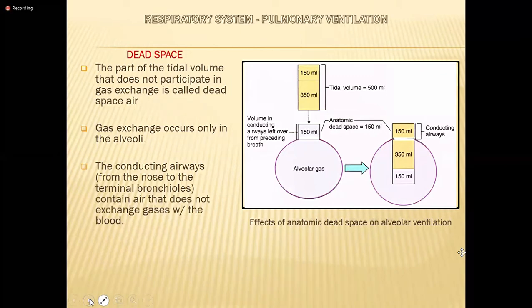The conducting airways from the nose to the terminal bronchioles thus contain air that does not exchange gases with the blood. So your tidal volume is 500 ml. The normal value of your dead space volume is 150 ml.